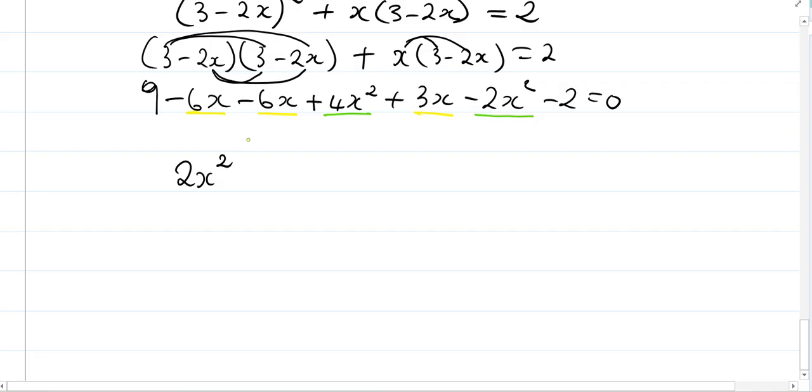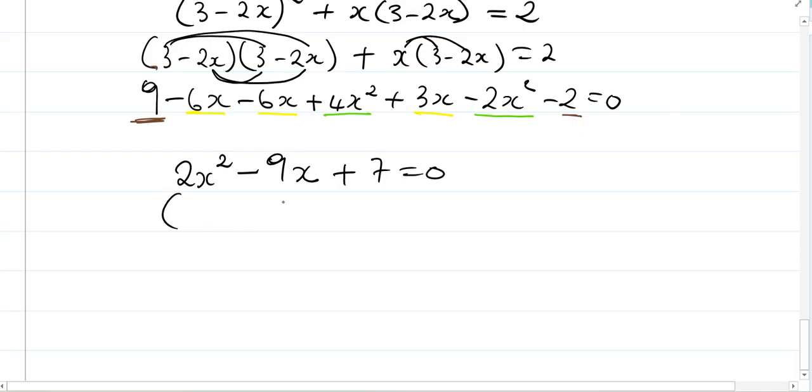Minus 6x minus 6x is minus 12x. Minus 12x plus 3x gives me minus 9x. And then lastly, we have 9 and minus 2. So 9 minus 2 is nothing much but 7.